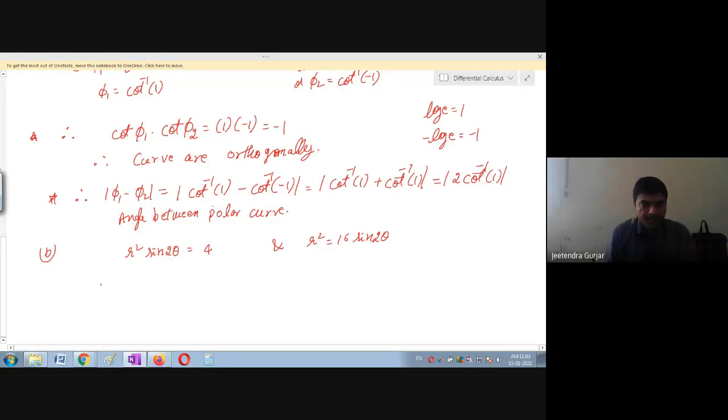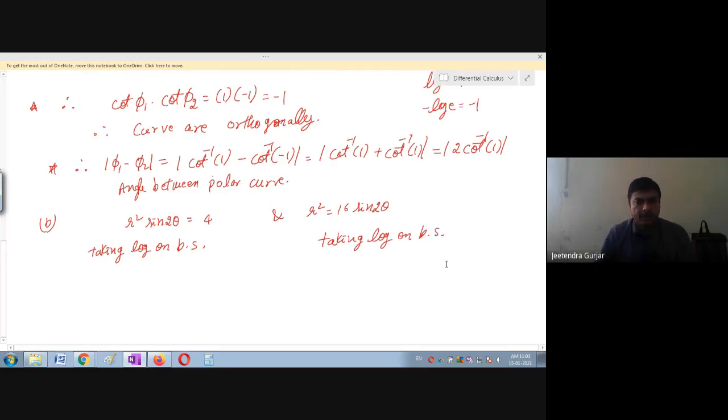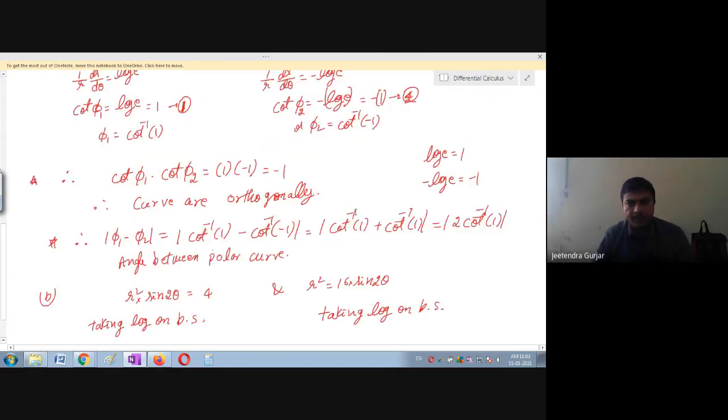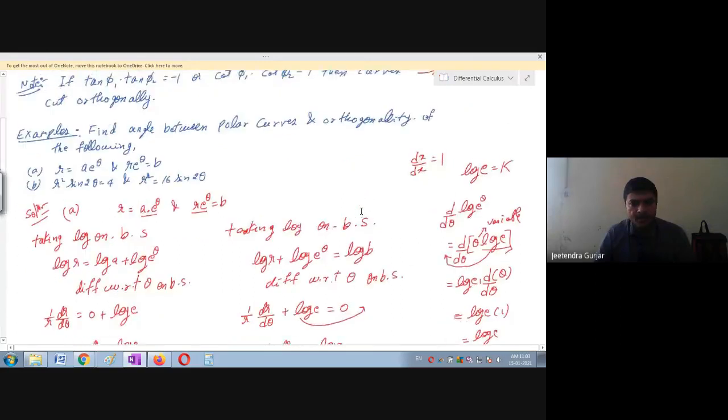Yes, very good. So try yourself, students, taking log on both sides, and here also taking log on both sides. Okay, so will you try to do it directly now? Okay, I can write it. This is again a product. Please remember the product property I have already given here. Wherever there is a product, you can use this property.